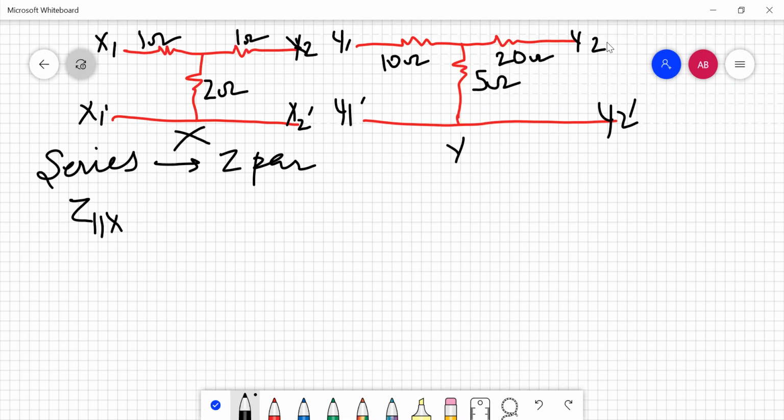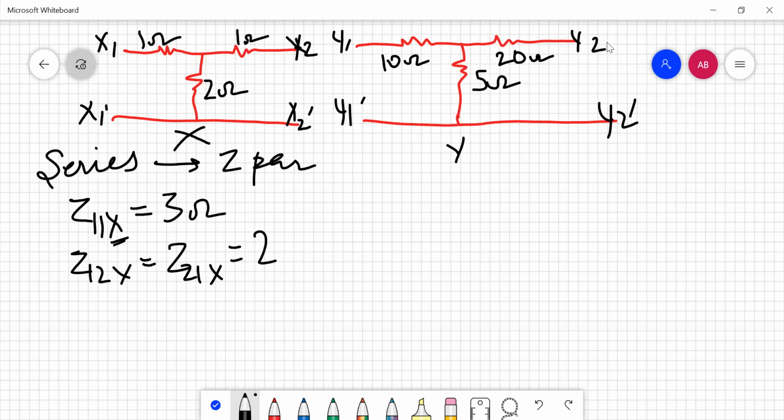So I'm just writing here the subscript X for telling you that these are the Z11 parameter of the X network. Similarly, Z12X I'm going to write. That will be coming equal to Z21X, and that is coming out to be 2 ohms. And similarly, the last one, that is Z22X, is coming out to be 3 ohms.